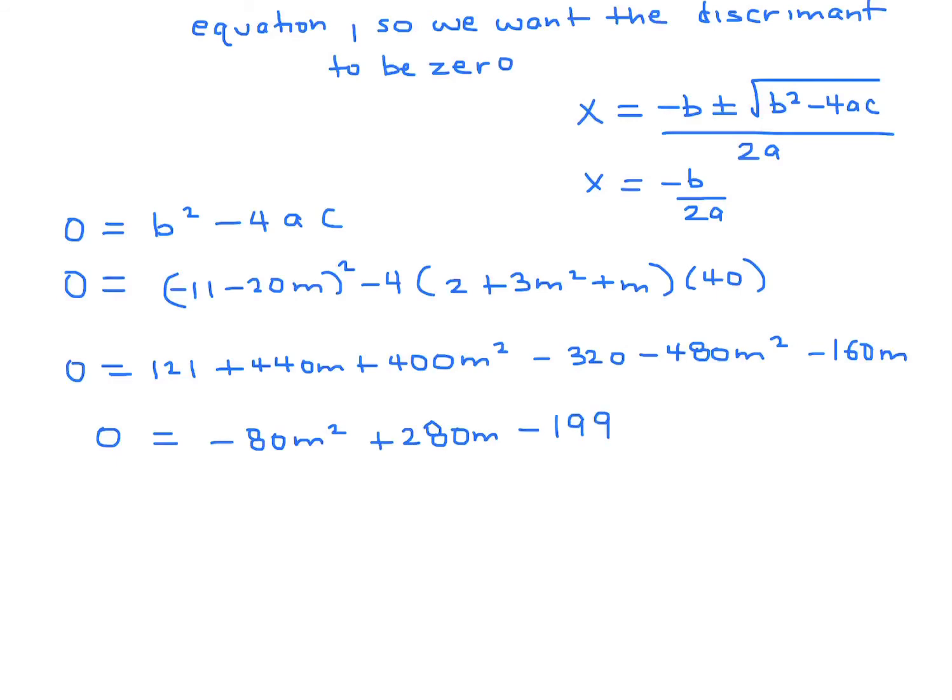This is the discriminant, and we want basically this to be 0, and that's why I set it equal to 0.